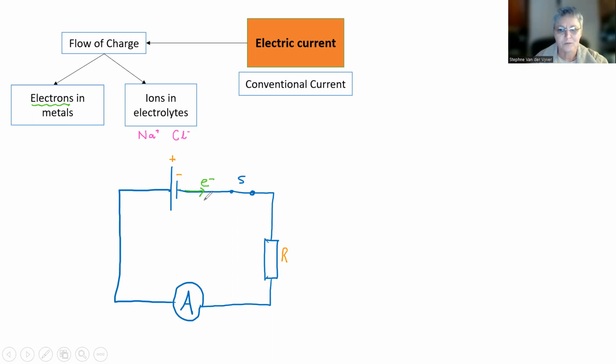The electrons will only move if there is a source of electric potential energy, and that would be the battery or the cell. Conventional current, on the other hand, is considered, by definition, as the flow of charge from the positive terminal of the battery through the external circuit, and I'll symbolize it using an I.